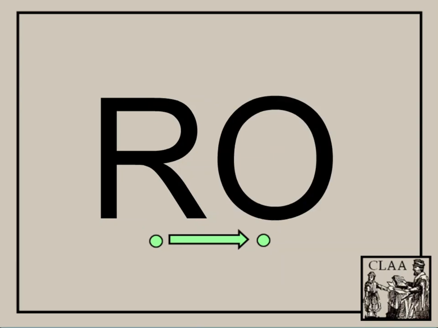Now we'll begin with the consonant R and end with the vowel O. Point to the green dot under the consonant R and we'll begin. Ro, ro, ro.